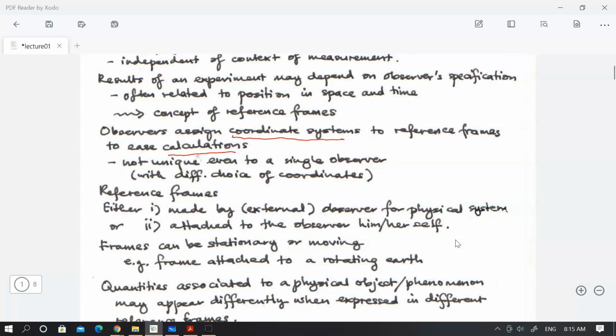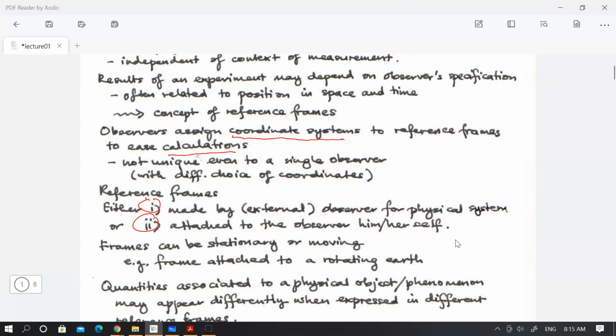So there's a reference frame which is external to the physical system, or sometimes is attached to the physical system itself, meaning the observer is within the physical system. So you have these two possibilities that one needs to take into account. Usually when we talk about external to the physical system, it means we look at a laboratory frame. So you set up the coordinates for the laboratory, and you are external to that laboratory.